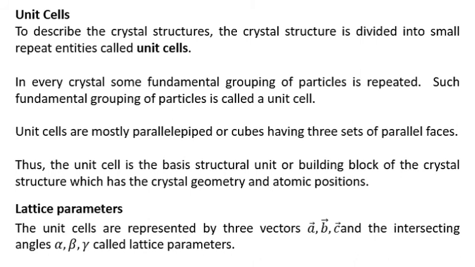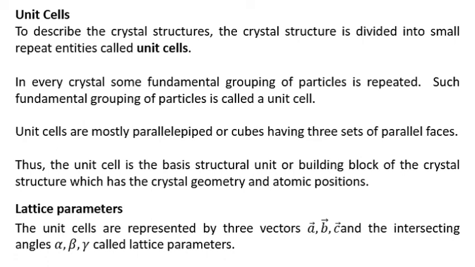So a unit cell is nothing but repeated entities, which may be some fundamental grouping of particles. These unit cells are parallelopiped or cubes in nature. Therefore, they have 3 sets of parallel faces.